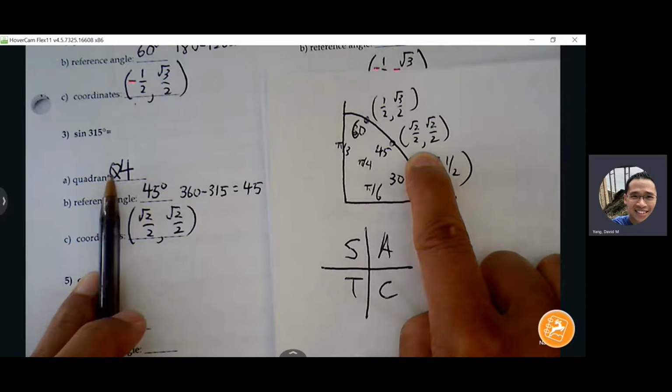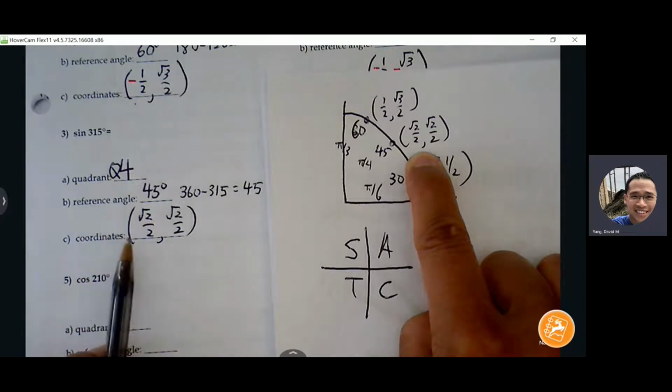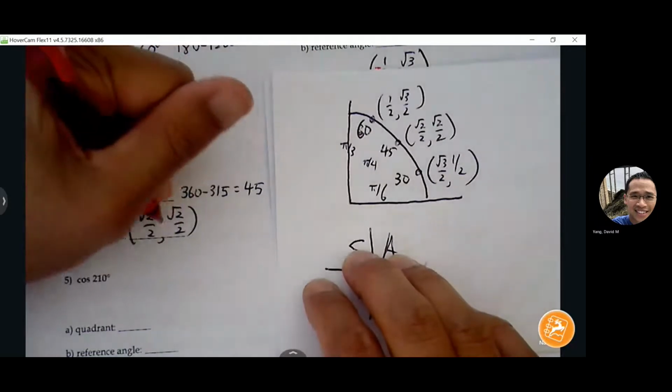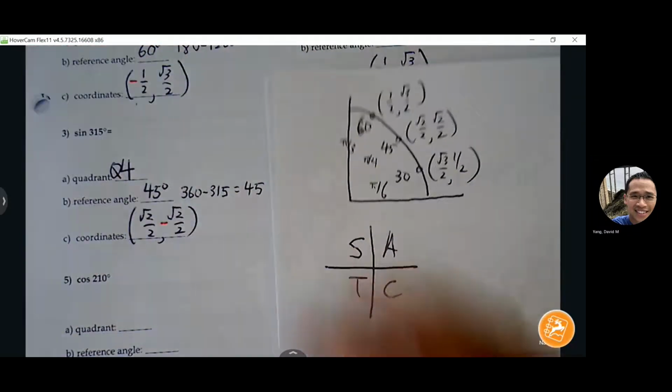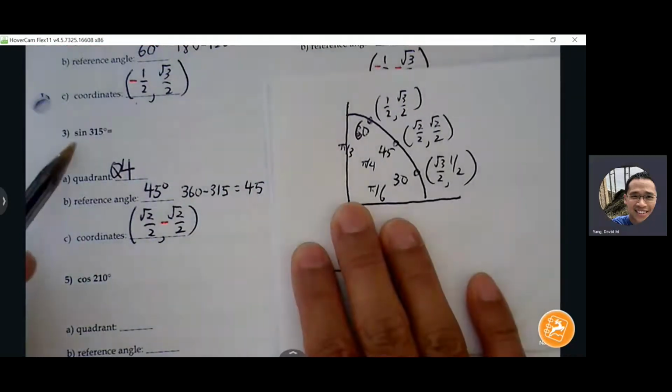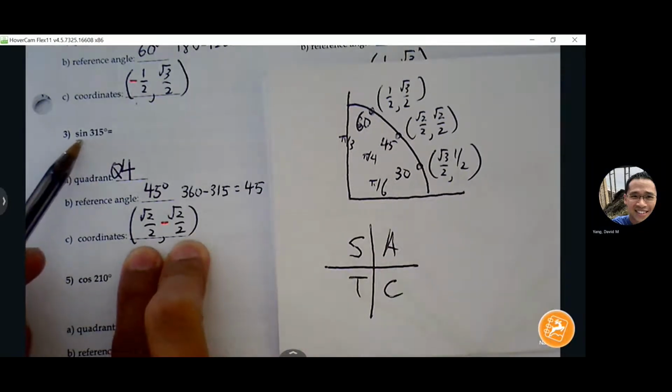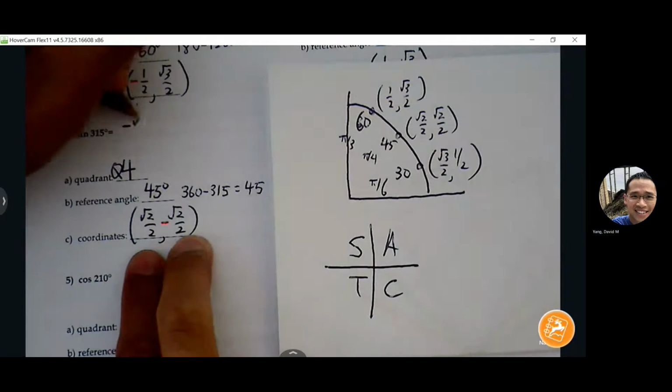Fourth quadrant, what's my order pair going to be? X is positive and Y is negative. Okay. So sine is the X or the Y value? Y value, so.